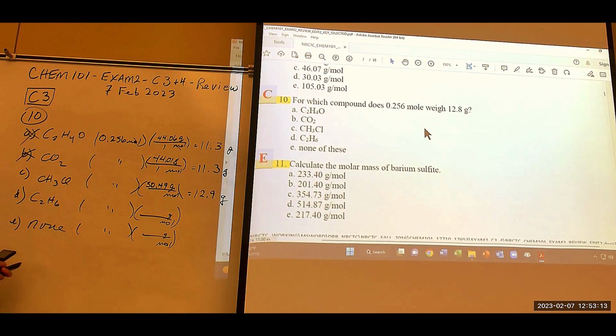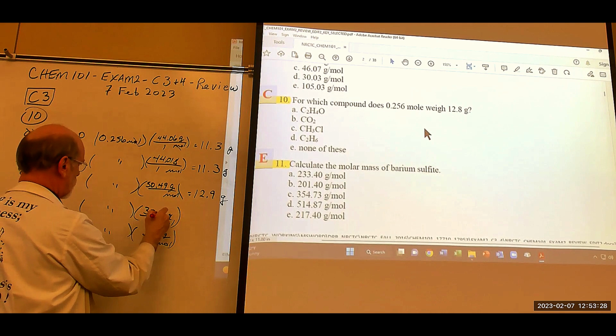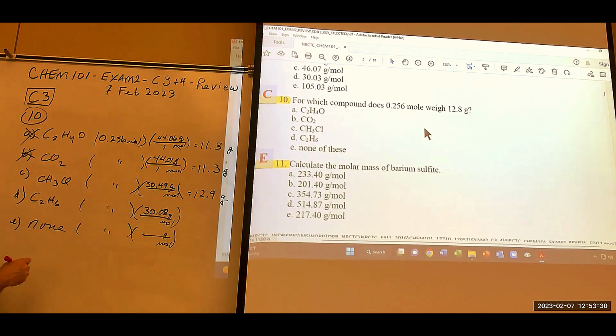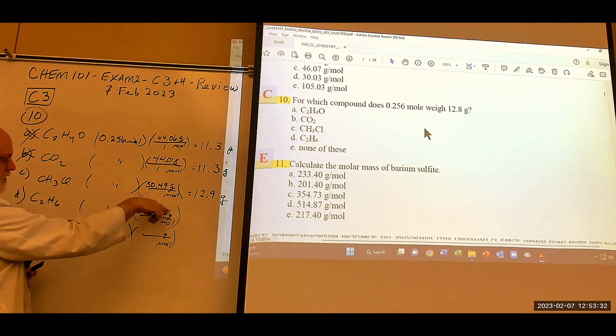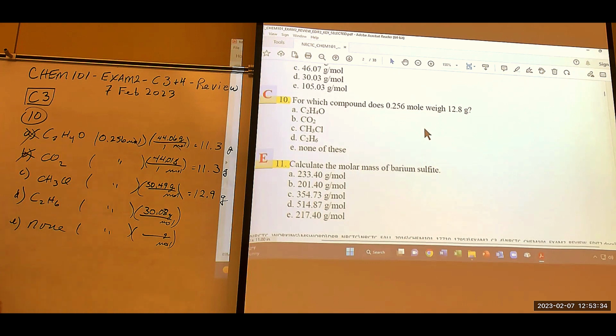So let's check. Let's see, 12.01 times 2 and then plus 6.06. If I did that right, 30.08. That's not exactly it either, then. It would have to be really close to this to even have a chance. So that'd be C or E, huh? Yeah, so you could say this or that.